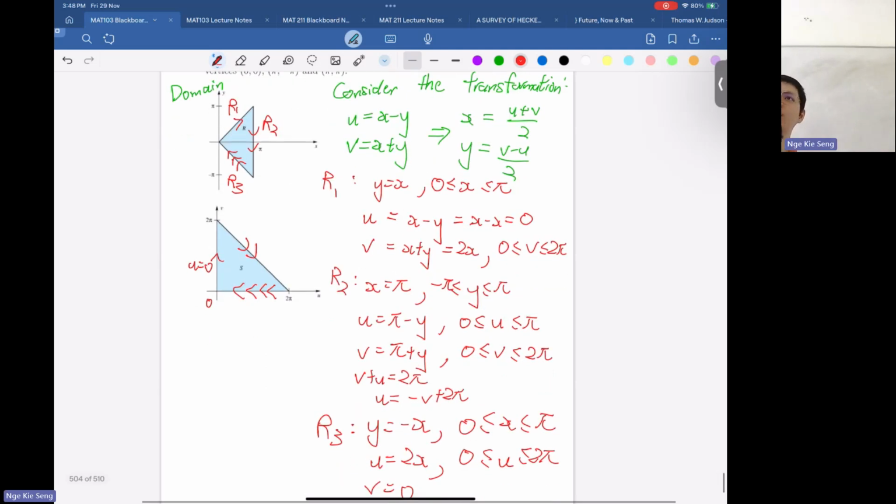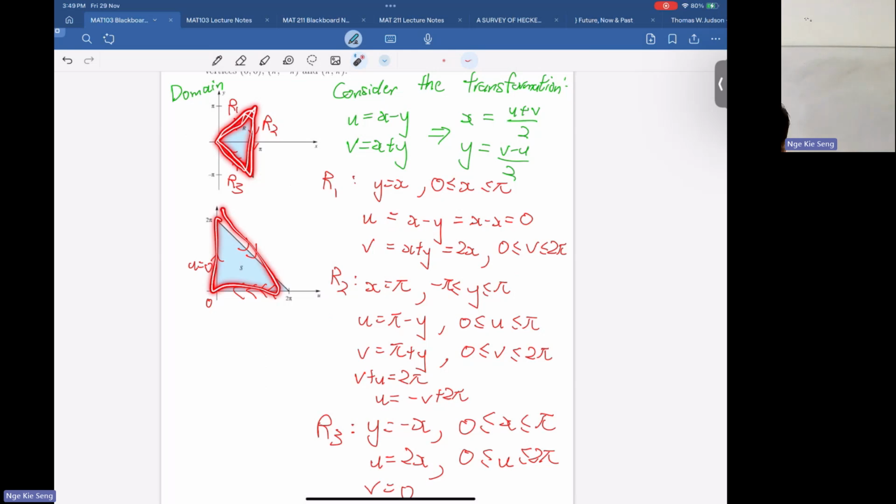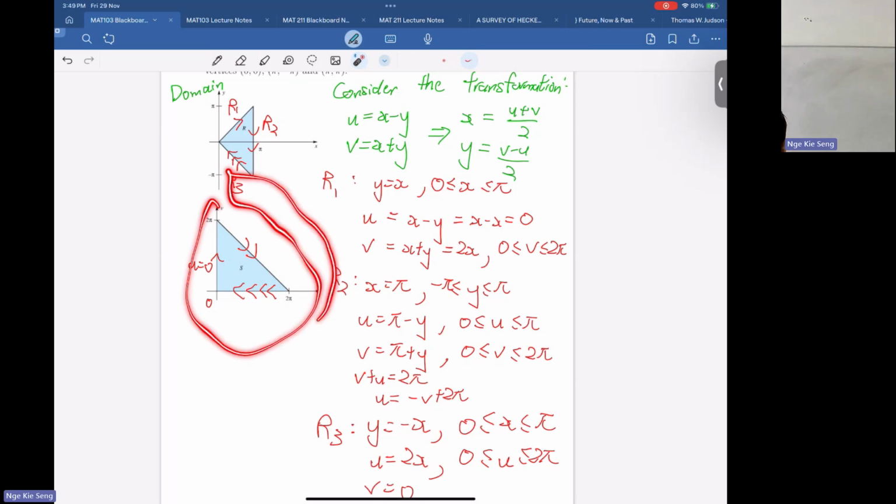Are you worried about something? How do you know the inside point gets sent to the inside and not the outside? Why does everything inside this first triangle get sent to the inside of the new triangle? Can the blue part stay outside?